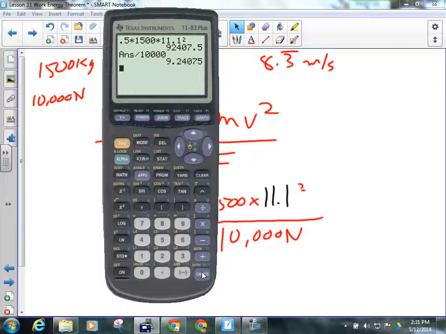If you were to go 60 kilometers an hour through a school zone, it would require 4 times as much distance to stop. That's 22 meters, 21.5 meters roughly. Okay, if you went 60, it would take you 4 times as far to stop.